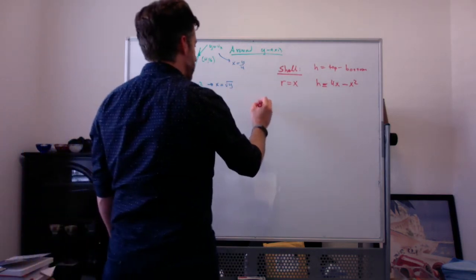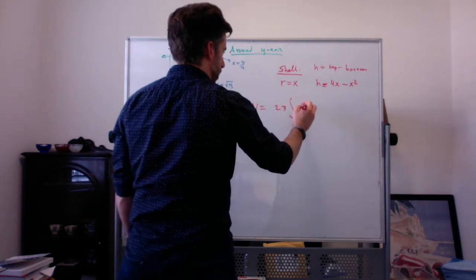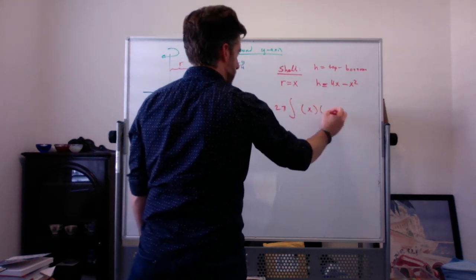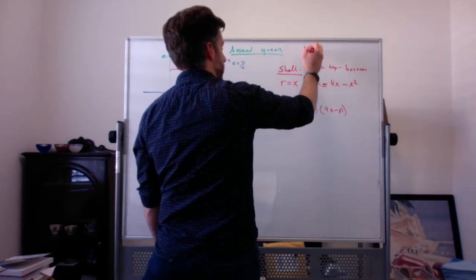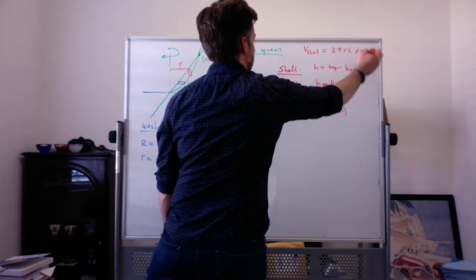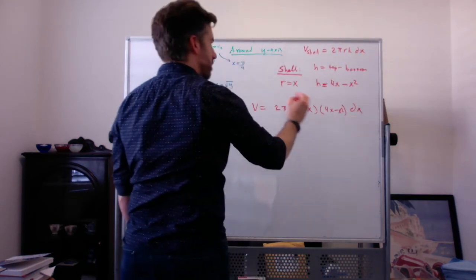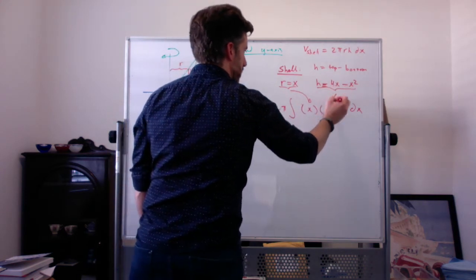So then my volume is the integral of 2 pi times r times h. The volume of a shell is 2 pi r h dx. There's my r. There's my h.